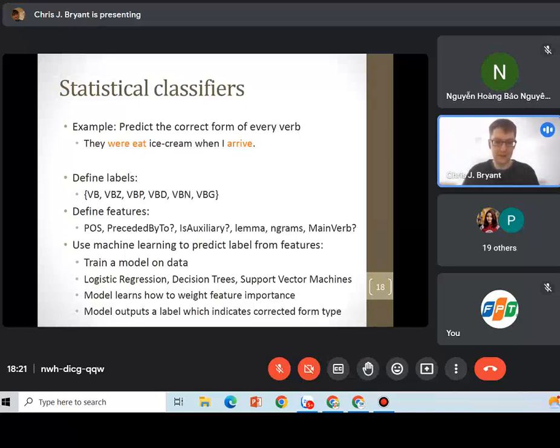Like if it's preceded by to, then that's going to be a very useful feature for predicting infinitives and gerunds. And the other features might be less important. So it just works out how to rank them like that. And then ultimately the model will just output for each verb, what form do I think? If the form agrees with what the verb currently is, then nothing happens. If the form differs, then you can generate the correct form in a similar way to rule-based methods at the start.